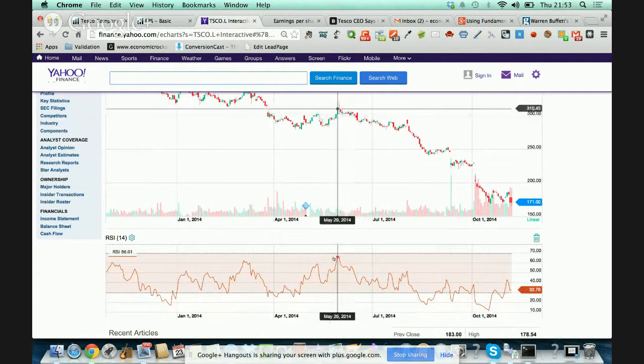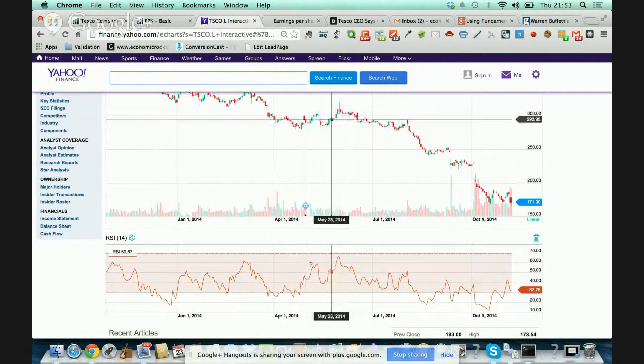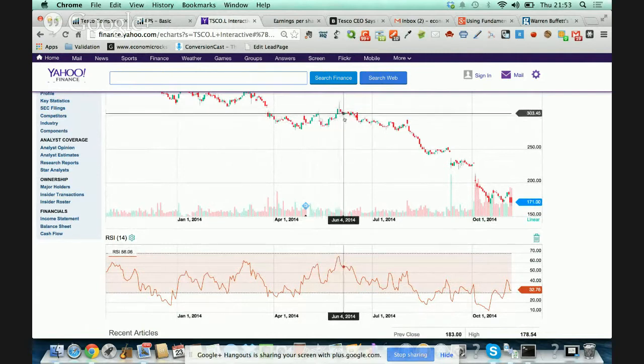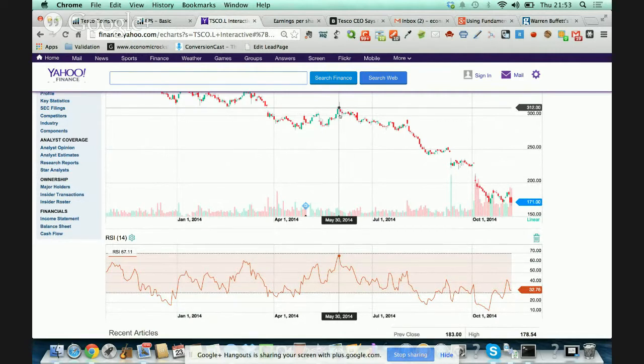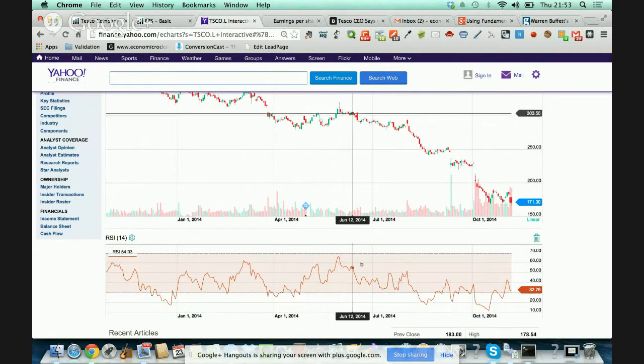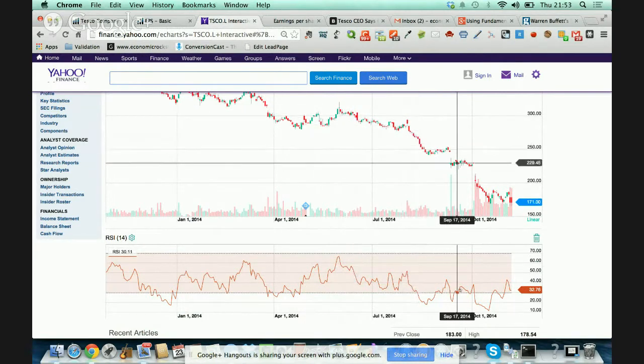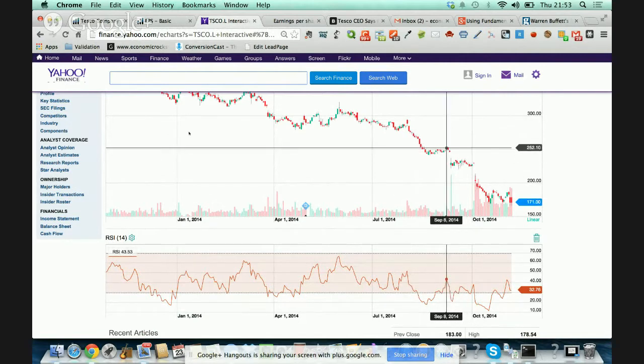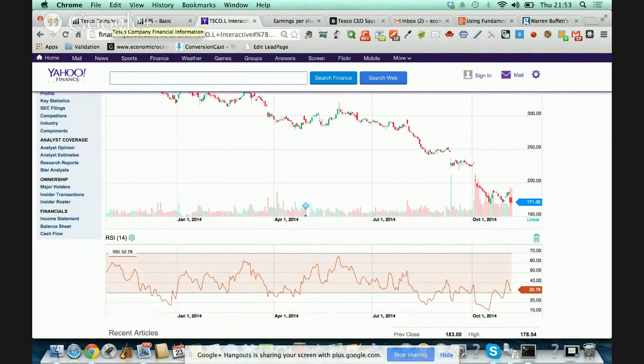Okay, even though the RSI is indicating positive, but we have what's called, if we remember from last week's webinar, this is a shooting star, and a shooting star seems to indicate a peak. And this is coinciding with the peak in the RSI as well. Okay, so yeah, they're quite good questions.